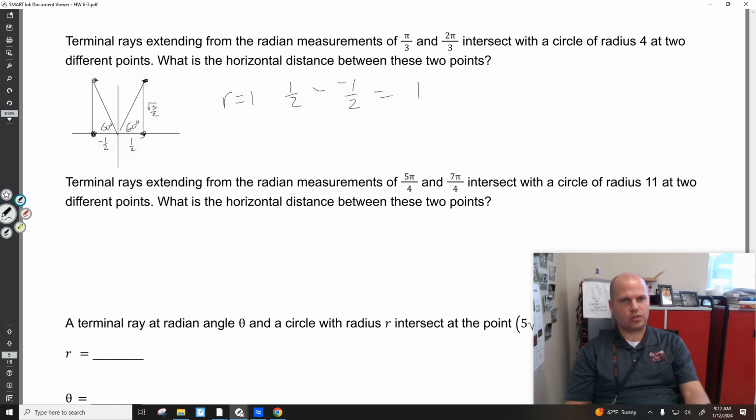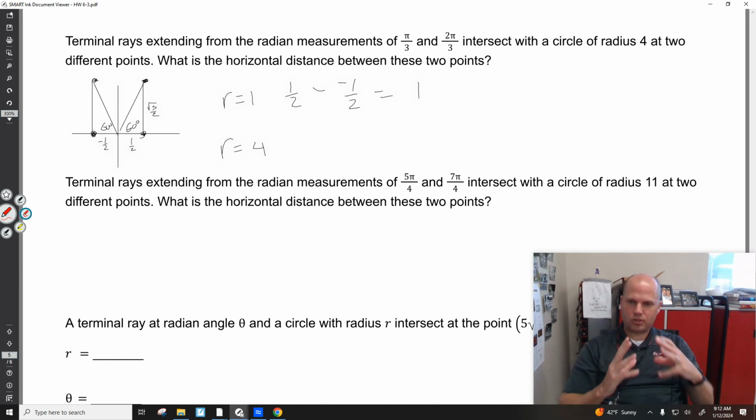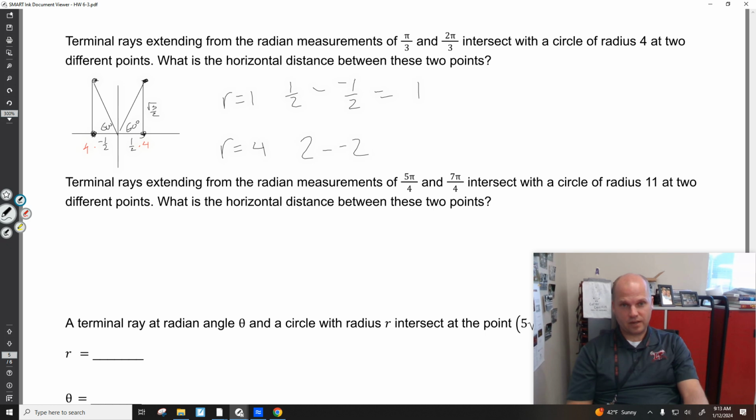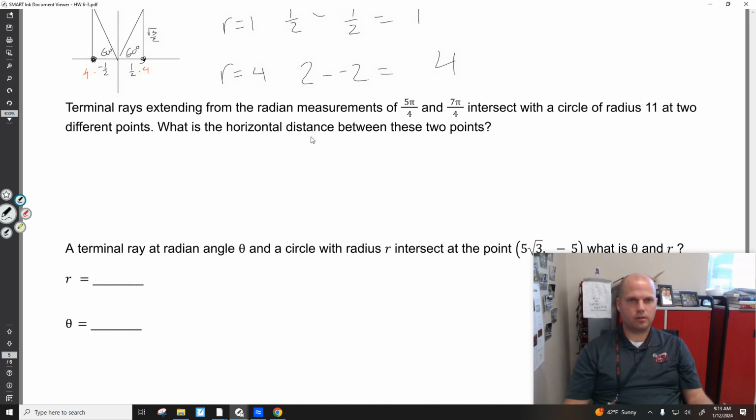It's the radius of the circle they're intersecting with. But if you want to do what we've been doing, which is use your representative 30, 60, 90 triangle with a hypotenuse 1, multiply by a multiplier, times 4, we get 2 minus negative 2. Oh, yeah, that's just 4. It's just the radius. It'll end up being an equilateral triangle.